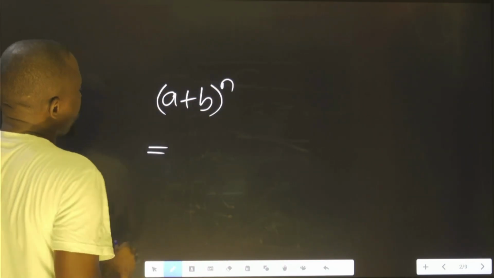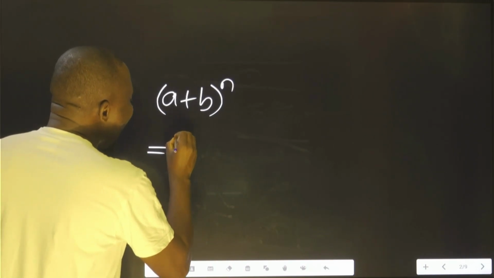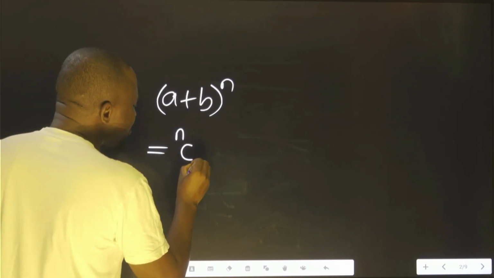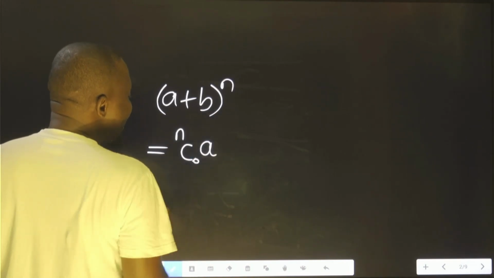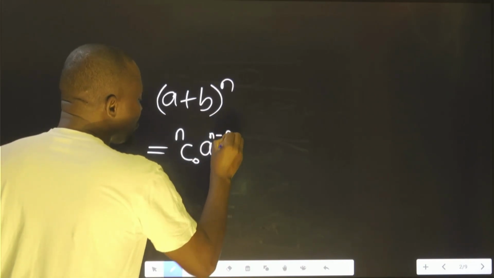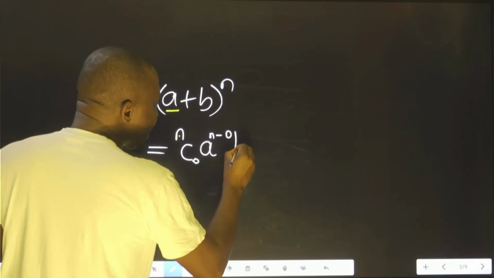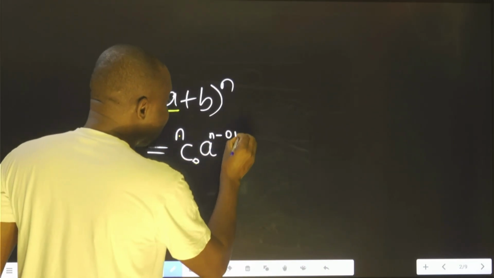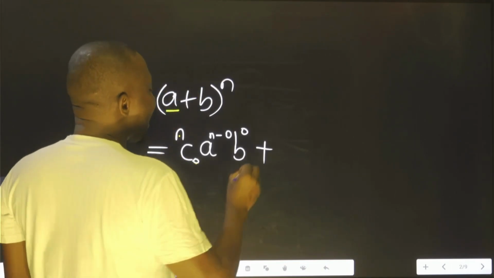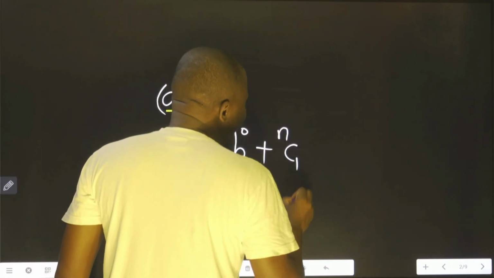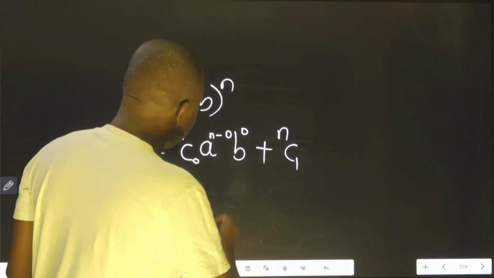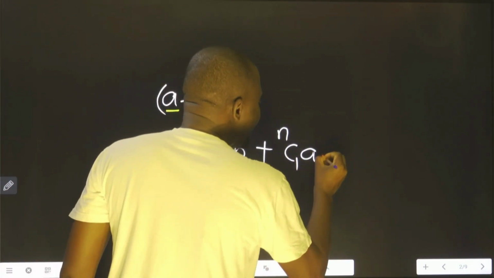This is simply equal to n combination 0, a raised to power n minus 0, this first a, then b is raised to power 0, plus n combination 1, the second one, then a and b.